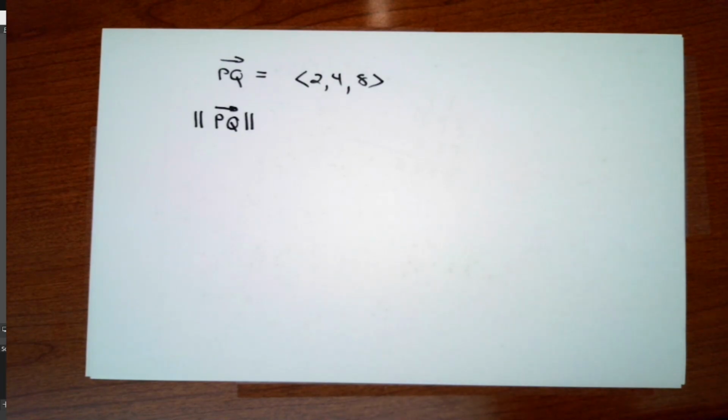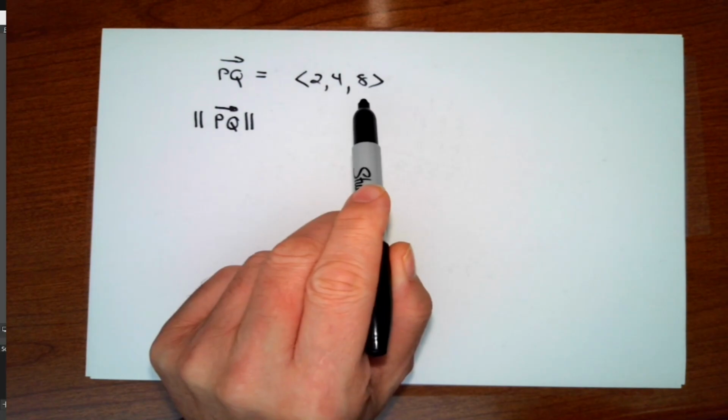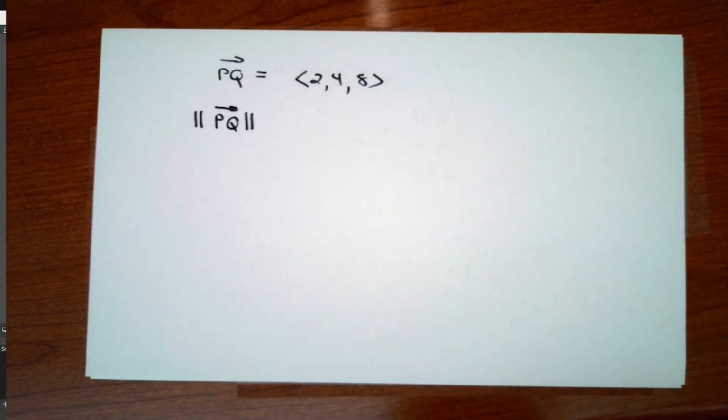The magnitude of the vector from P to Q is, on one hand, the distance from P to Q, or, on the other hand, the distance from the origin to the point where x is 2, y is 4, and z is 8.